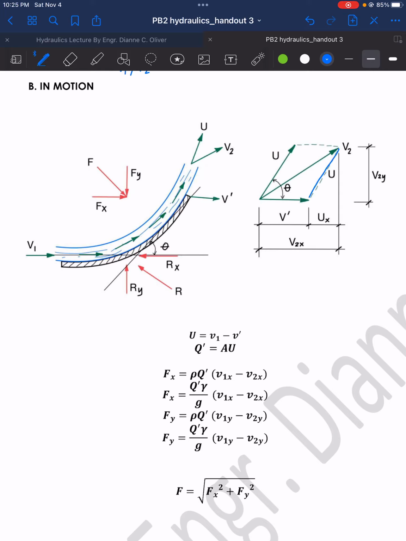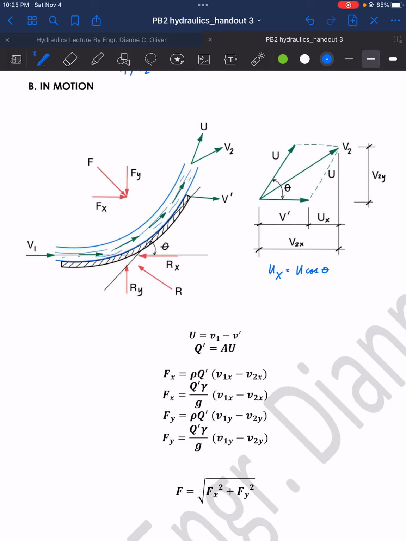So it is also equal here. So we get now the value for v2x. So v2x is equal to the v prime plus the u sub x, that is the u cosine. So u sub x here is actually u cosine theta.